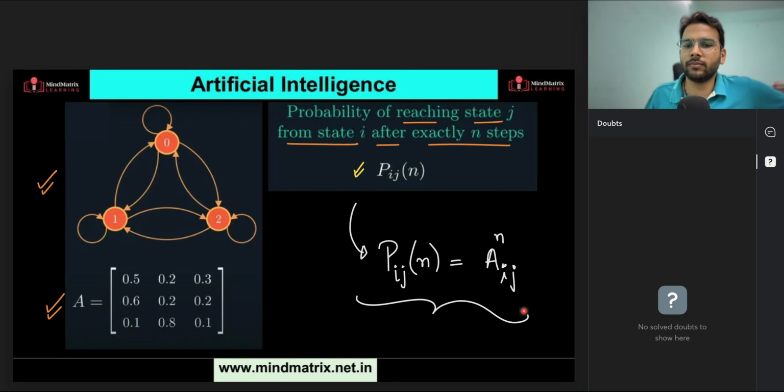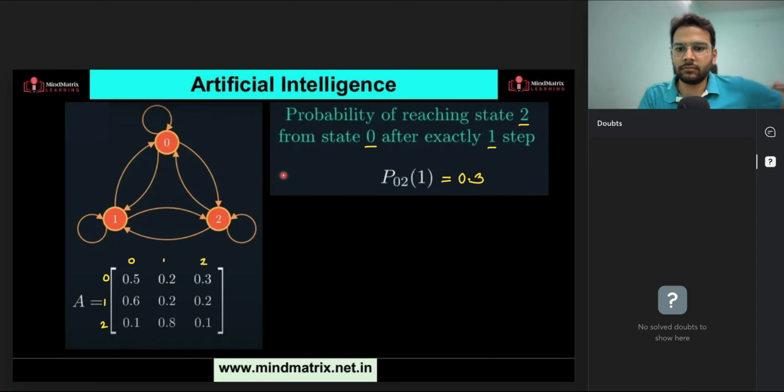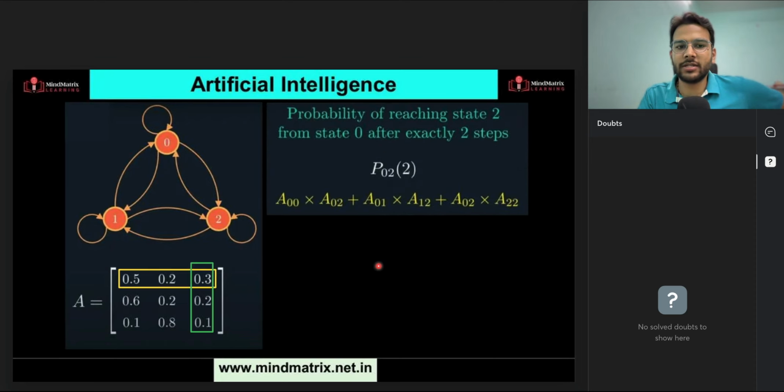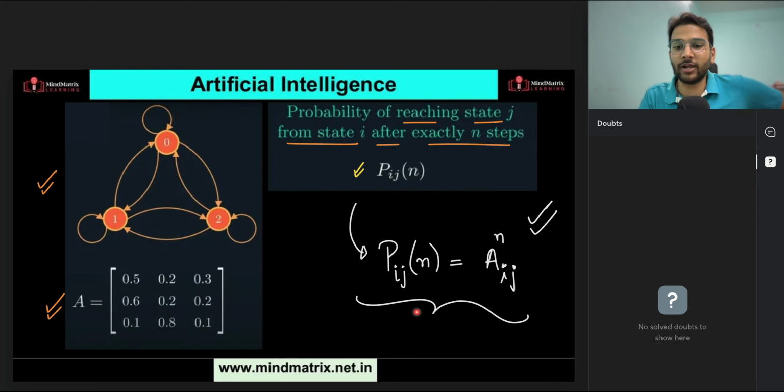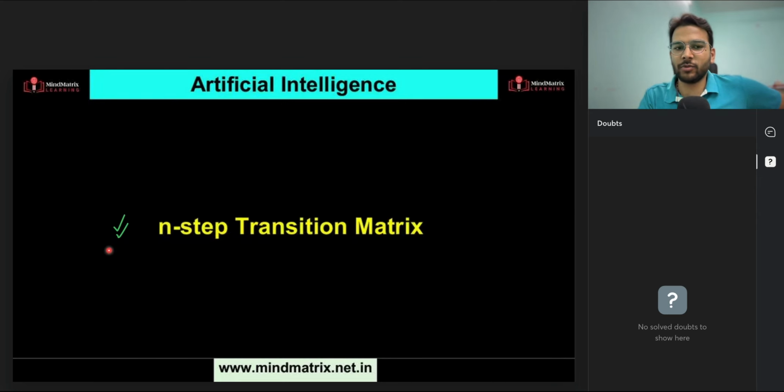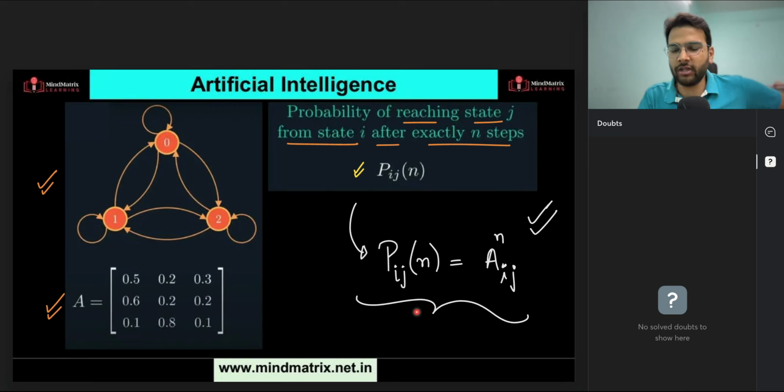Yes or no? So we have understood this problem, this algorithm. Basically this is the n steps transition matrix. For higher order, we can find the probability by computing it like this.